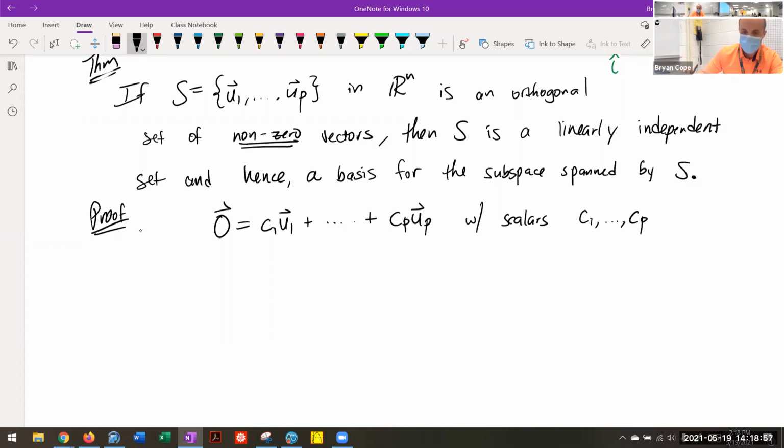Can you please put a vector hat over the zero vector? So the zero vector equals c1u1 all the way out to cpup. That equation can exist, but the question is, does this equation have any non-trivial solutions?